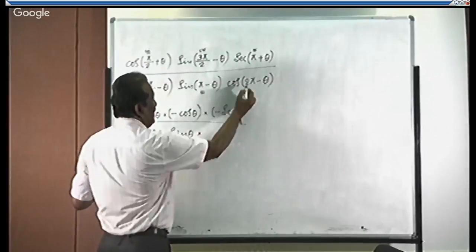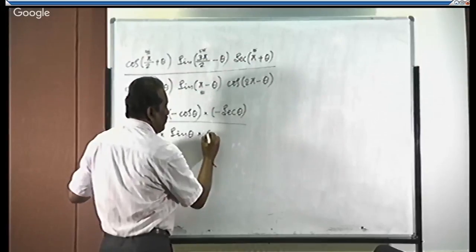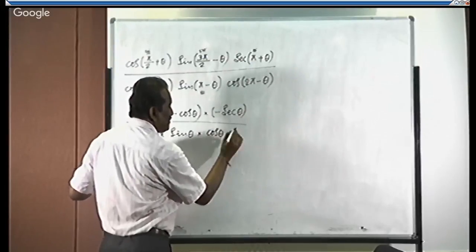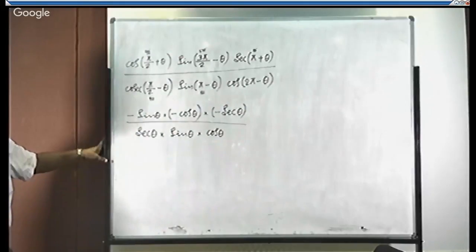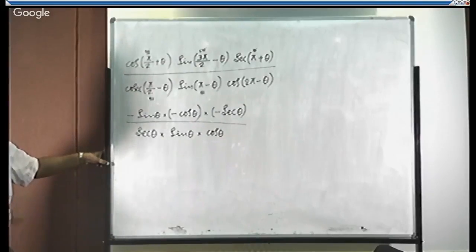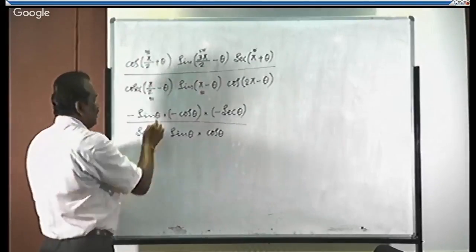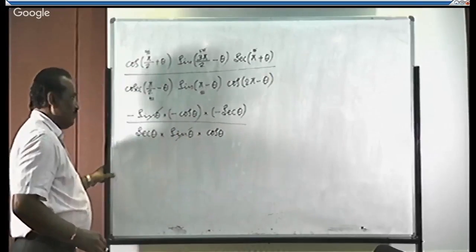Then it is 360 minus theta. Cos of 360 minus theta, we all know that it is plus cos theta because 360 minus theta comes under fourth quadrant where cos is positive. So when there is a 360 minus theta, the same trigonometric function you have to write. Now this sin theta in both numerator and denominator cancels.